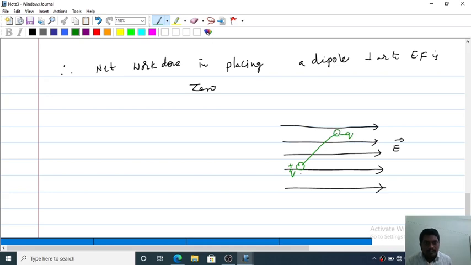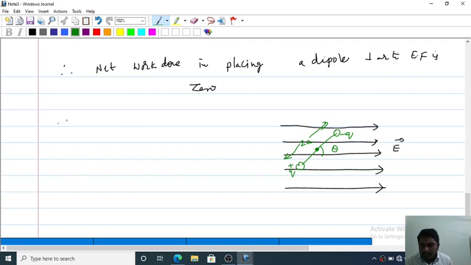Now it is in the external field. This is the center of the dipole, and let the angle made by the dipole with the external field be theta, and 2a is the distance of separation between the charges. Now what will be the work done?